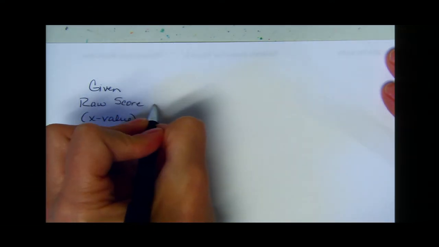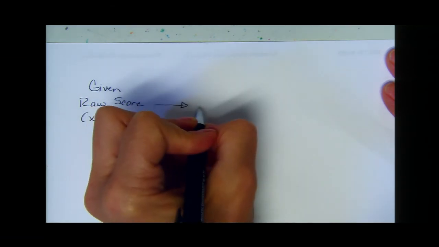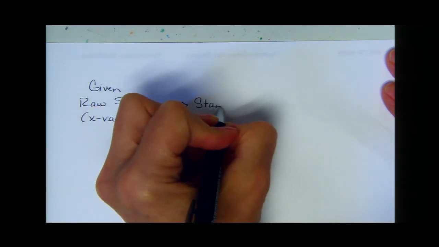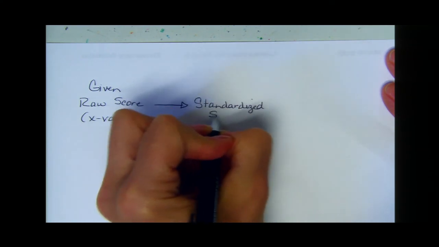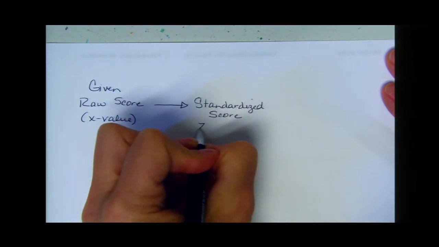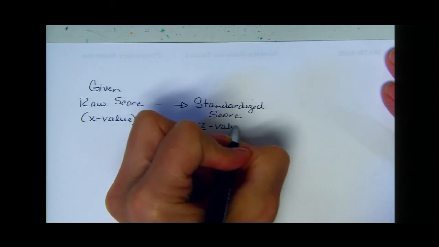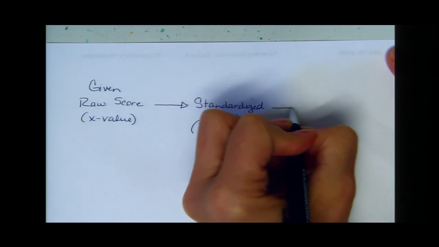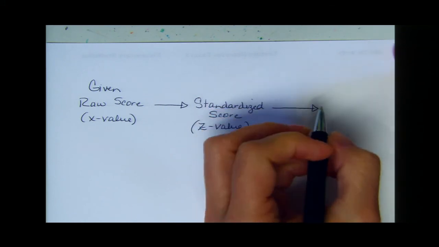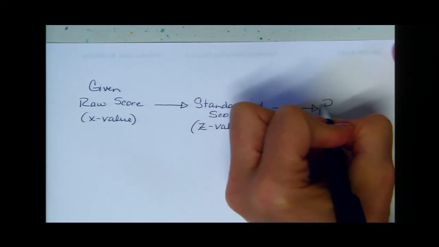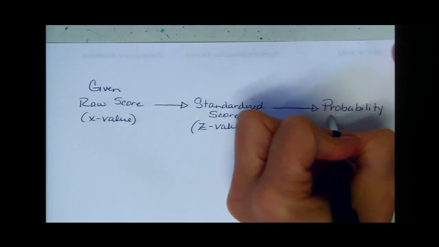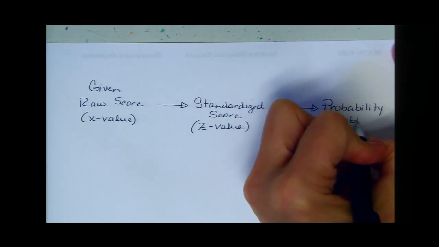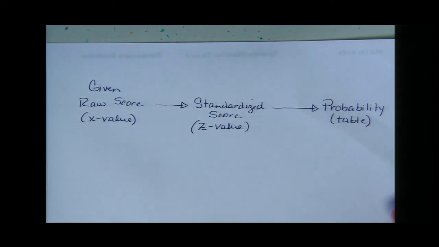And then to find its probability, we then have converted that to its standardized score, which is a Z value. And then we have gone to the table to find the probability. So this is the sequence of events that we've been doing.